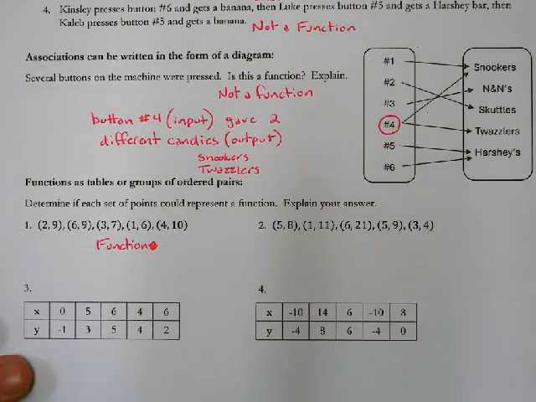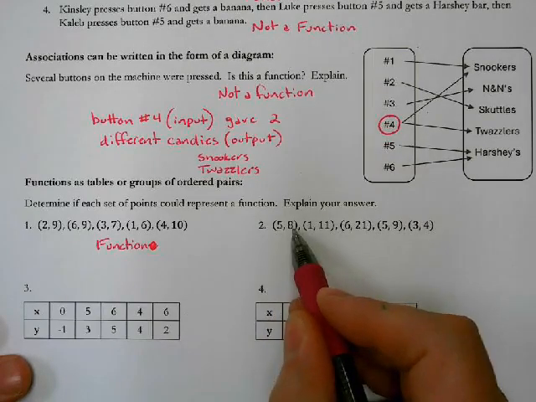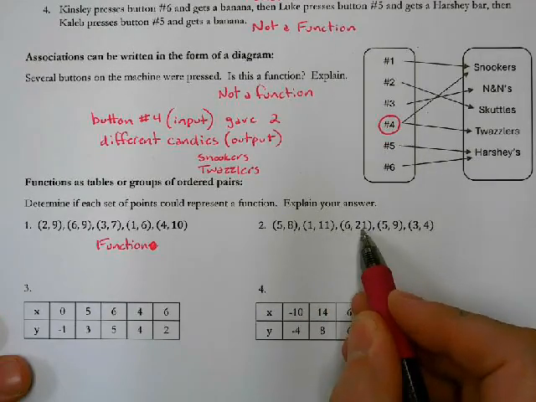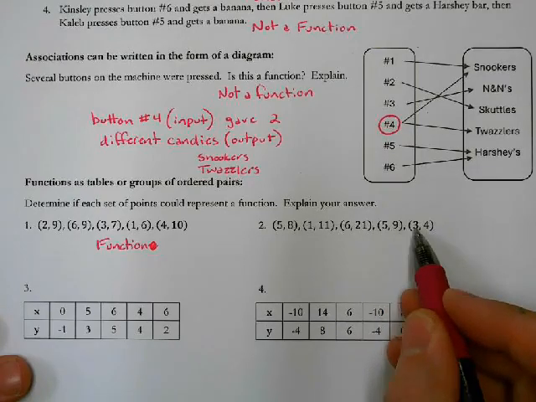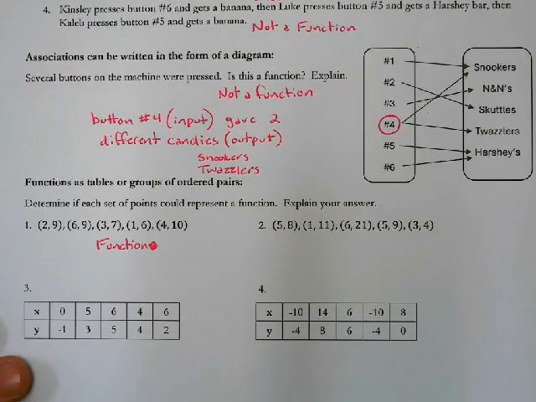Let's look at number 2. 5, 8. Input 5, output 8. Input 1, output 11. Input 6, output 21. Input 5, output 9. Input 3, output 4. So this one, I'm going to say is not a function, and here's why.